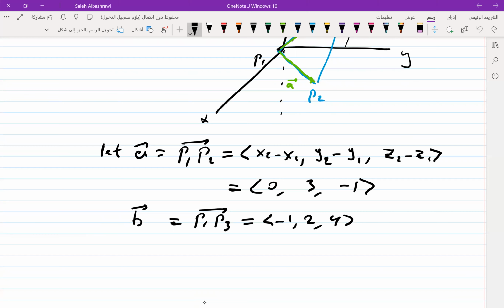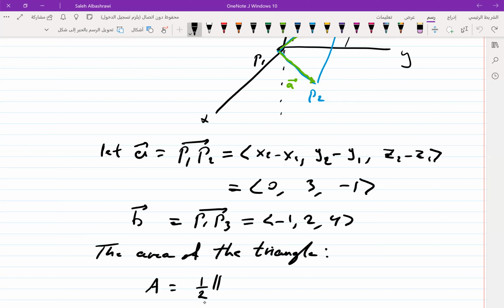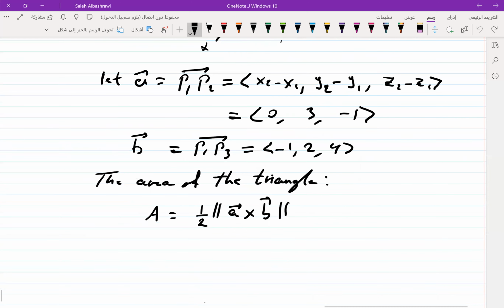Now the area of the triangle will be equal to half multiplied by the magnitude of A cross B. So we need to find A cross B first.